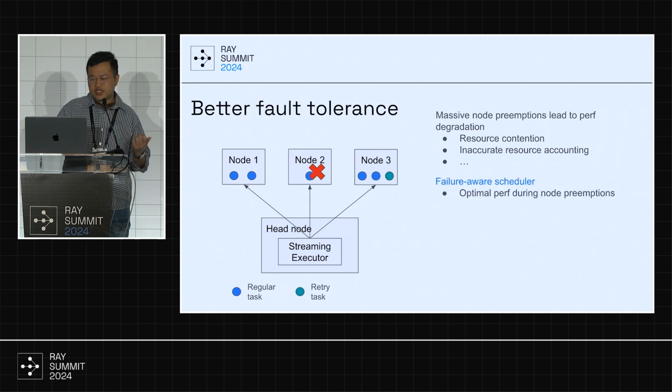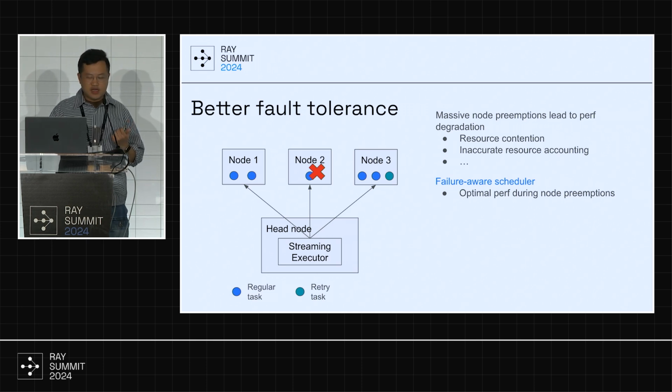To address this issue, RayTurbo Data offers a failure-aware scheduler that can make better decisions about task scheduling and back pressure during node preemption, and also make sure the job is always running at optimal performance.